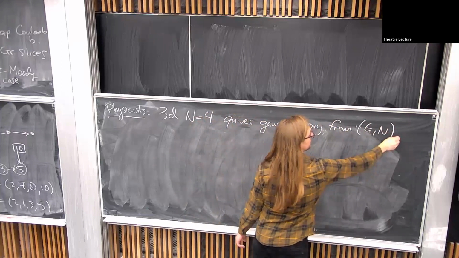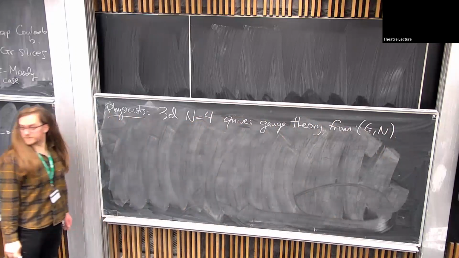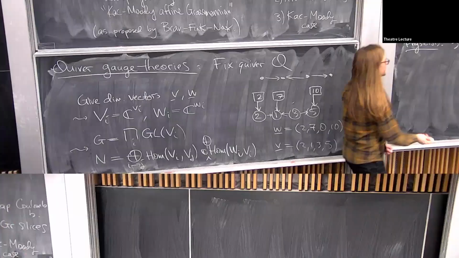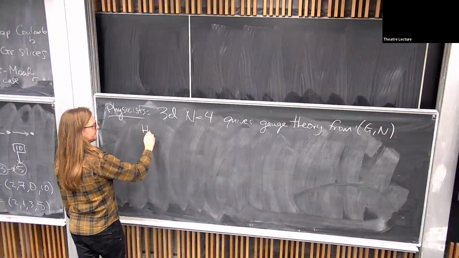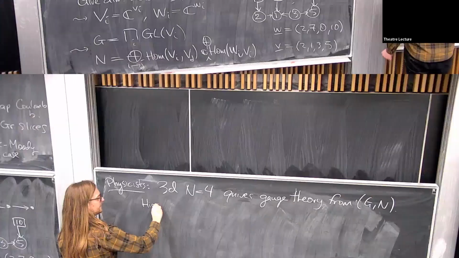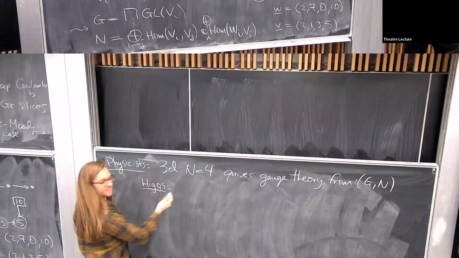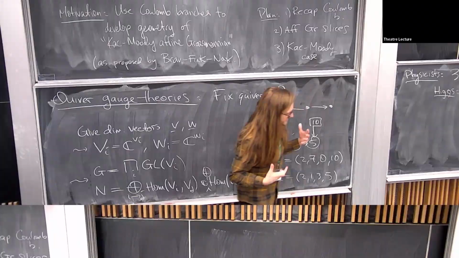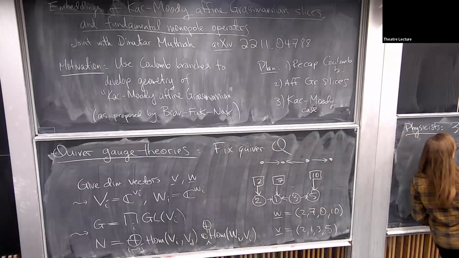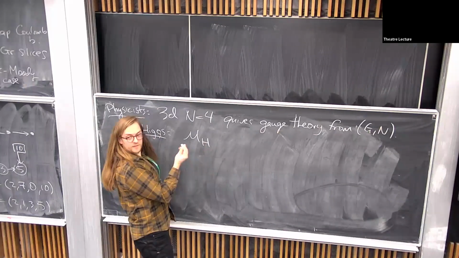Since maybe it's more familiar to some people, just point out that mathematically, you can build two interesting varieties from this. One of them is the Higgs branch, perhaps I'll call it M_H, for Higgs.